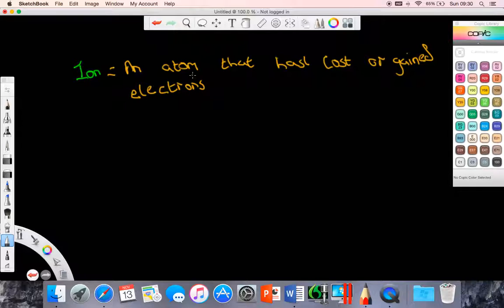So the important thing here is that atoms can only lose or gain electrons, not protons or neutrons.